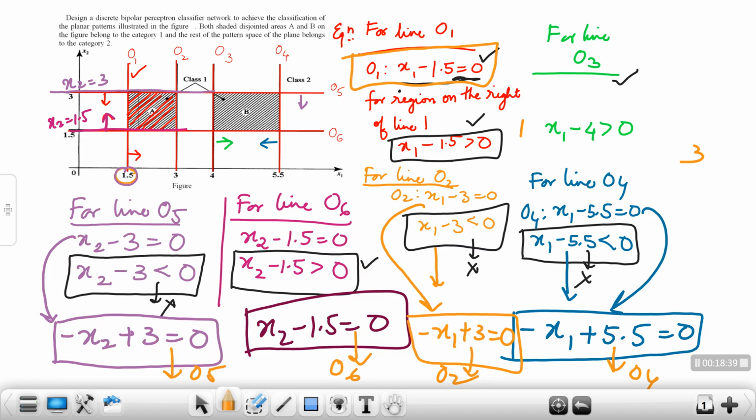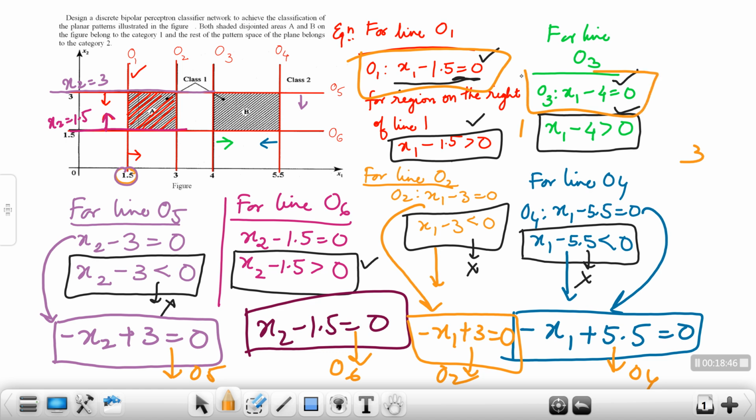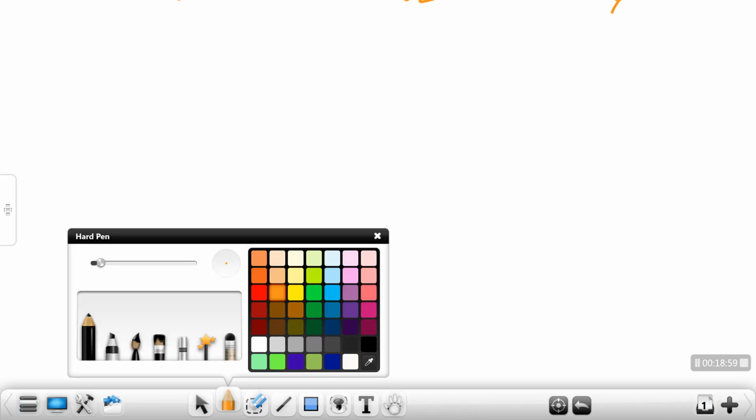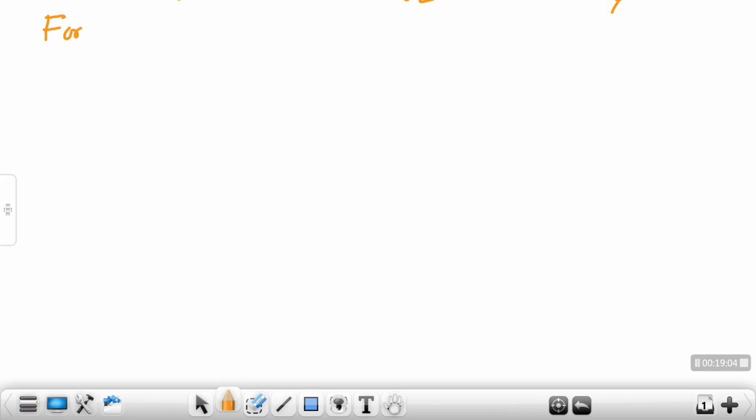This one, and this one and this one. So we have 6 equations with us, and we shall go with those equations. So I shall rewrite all those equations. All 6 equations I am writing here.